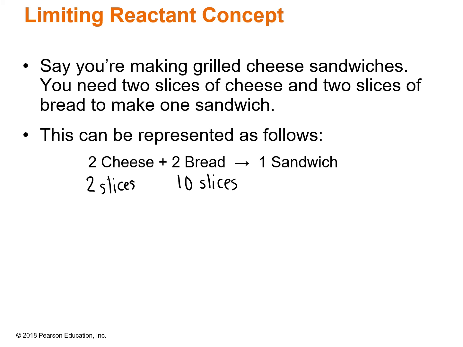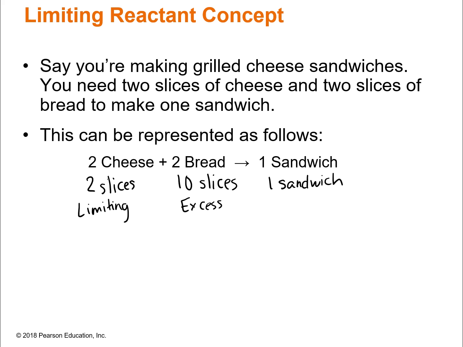You can only make 1. Yeah, you've only got enough cheese for 1 sandwich. If you're going to make a grilled cheese, you got to have some cheese. So in this case, the cheese is limiting. You can only make 1 sandwich. And you've got excess bread. You have enough bread to make 5 sandwiches, but you've only got enough cheese for 1.